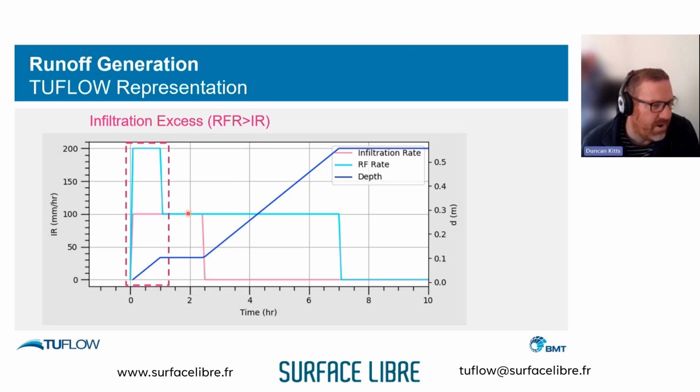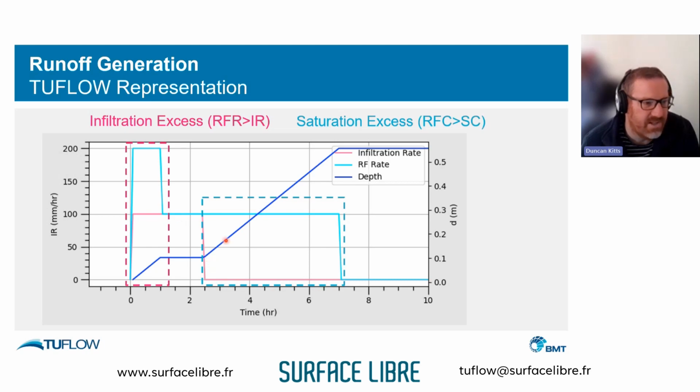We have this period here where our rainfall rate equals our infiltration rate, so no runoff is being generated. And then we have a situation where our soils have completely saturated, our infiltration rate drops to 0, but we still have runoff generated, so that's a saturation excess. So we've got the two main processes of runoff generation being represented.